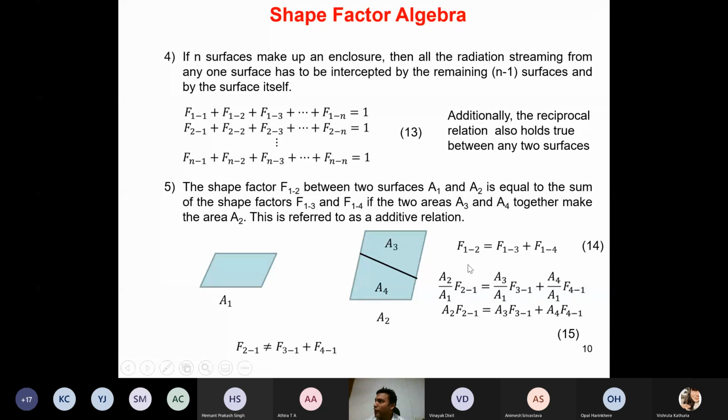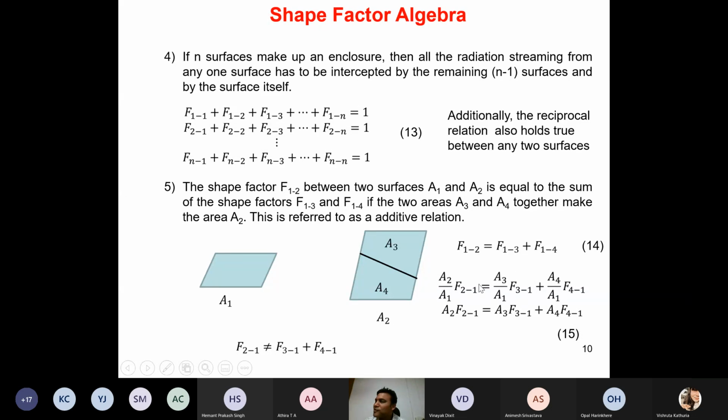So what is F12? We can write it in terms of F21. Remember, A1 F12 is the same as A2 F21, isn't it? So we can rearrange that, and we can write F12 as A2 by A1, F21. Similarly, we can write the expression of F13 in terms of F31, so that becomes A3 divided by A1, F31.